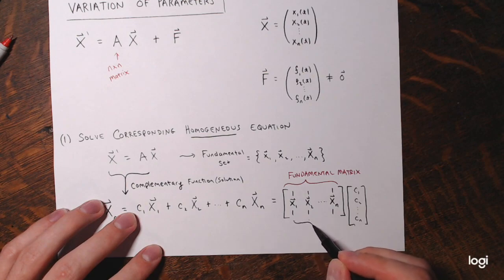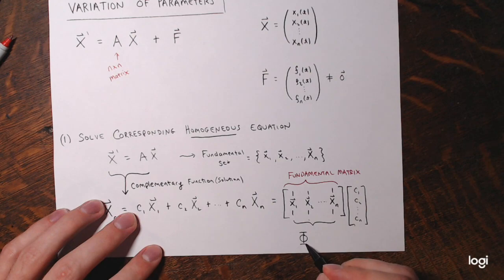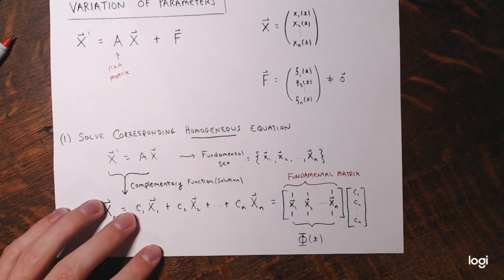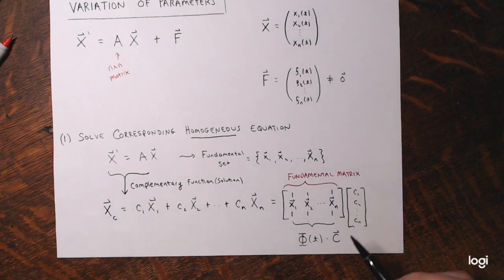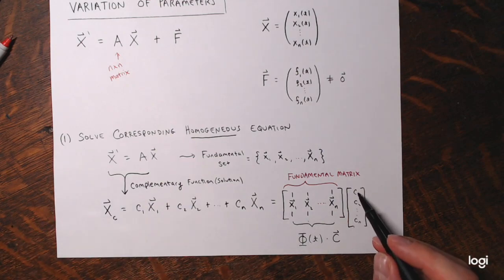So this fundamental matrix is labeled phi of t, times a column of constants, which I'll call capital C. It consists of our parameters.